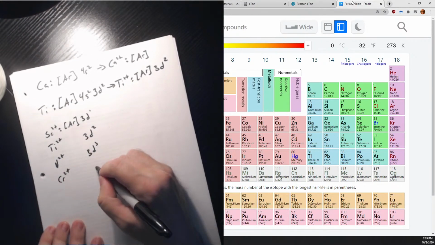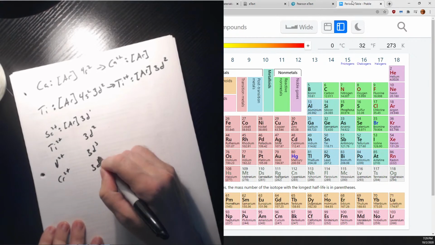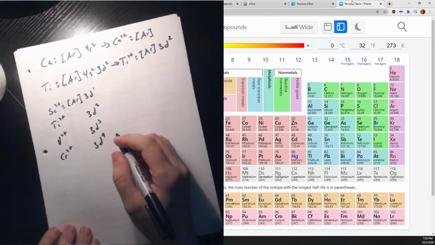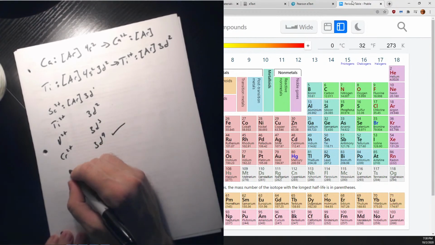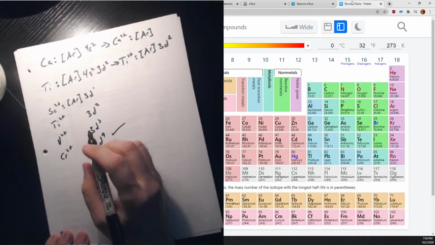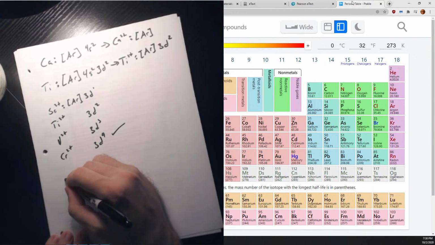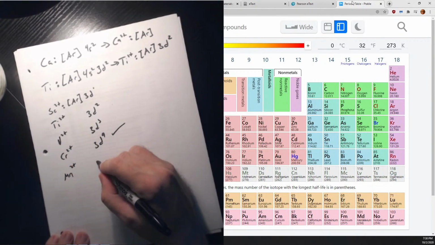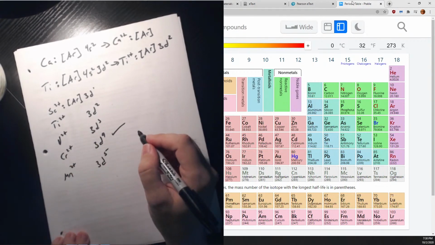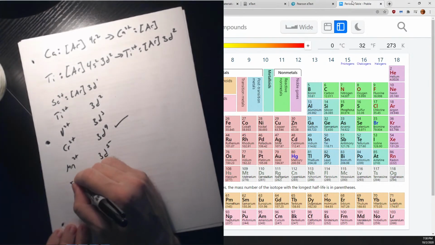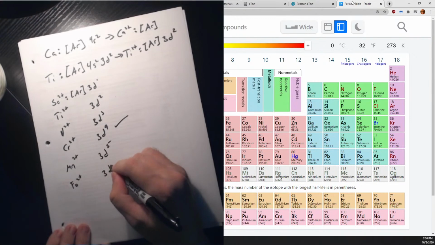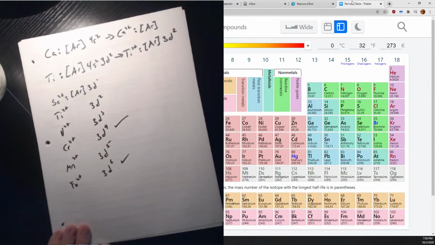Chromium 2+, 3d4. So that is one of them. Manganese 2+ is 3d5. I think that would be the other one. Fe2+ is 3d6, which definitely does.